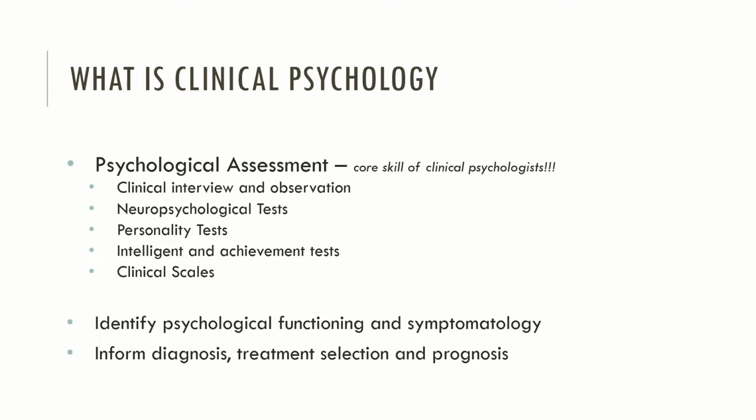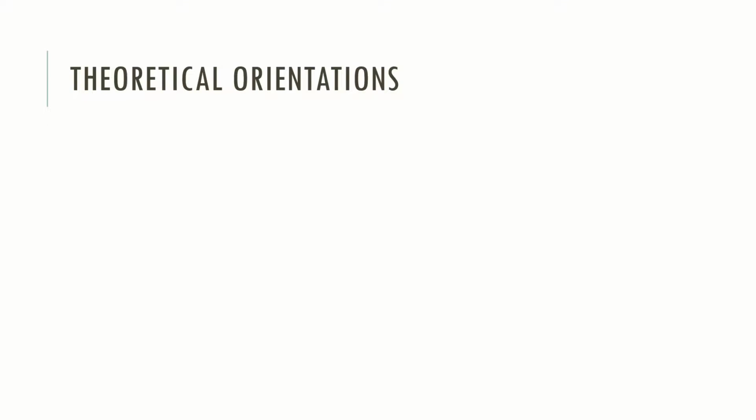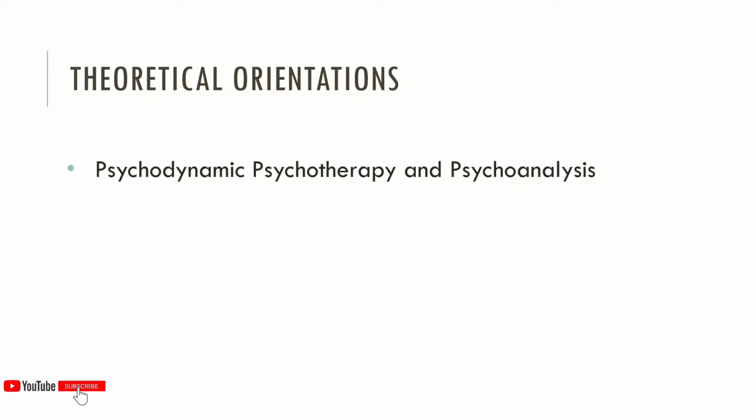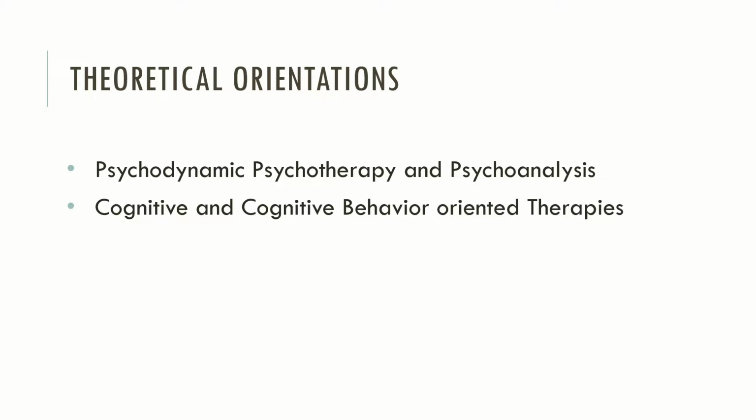There are different theoretical orientations that clinical psychologists tend to follow in university settings. So let's see the main theoretical orientations. The first is psychodynamic psychotherapy or psychoanalysis. The second is cognitive or cognitive behavior oriented therapies. The third is humanistic or experiential approaches.